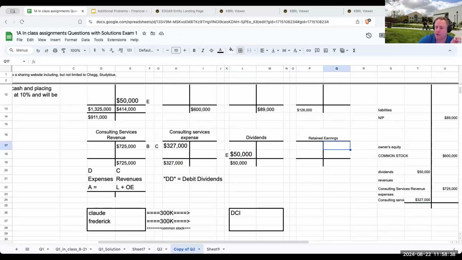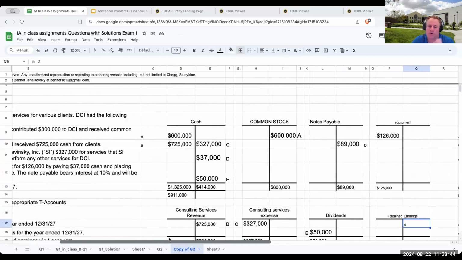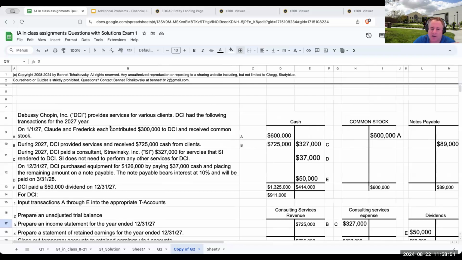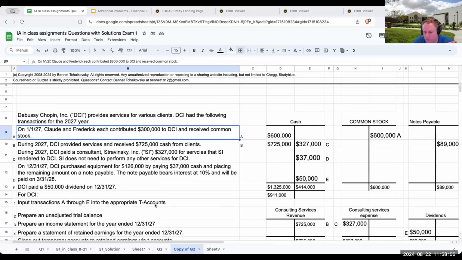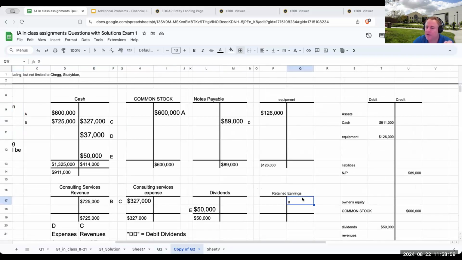Now, for retained earnings, this is going to start out with a zero balance. Why is it starting out with a zero balance? Well, retained earnings is the amount of the net income that the company is keeping. They formed the corporation on January 1st. So without any further information, our beginning retained earnings balance is 0.